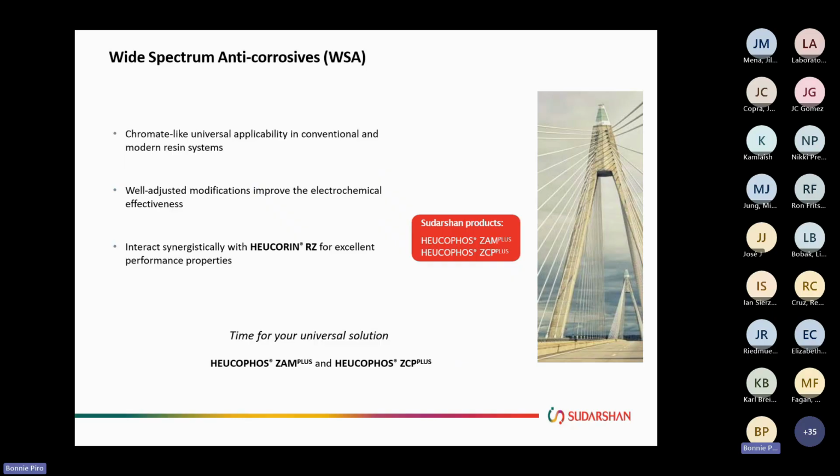These are more universal, applicable in both conventional and modern resin systems. These are there for improving the electrochemical effectiveness. So in most cases, these are used in conjunction with another anti-corrosive so that they interact synergistically for an improved performance level. And I have some examples here for you.